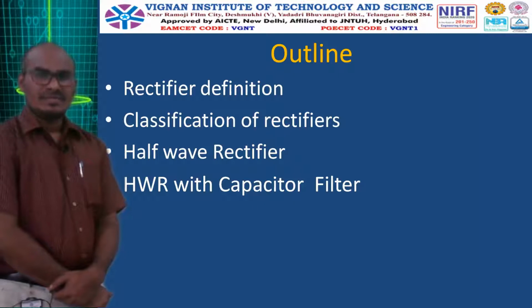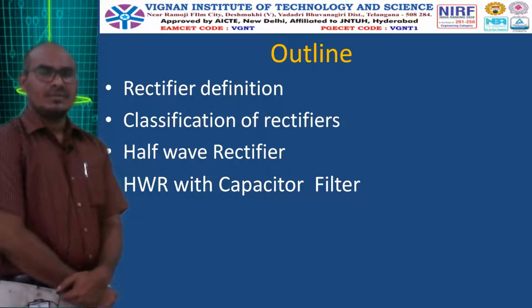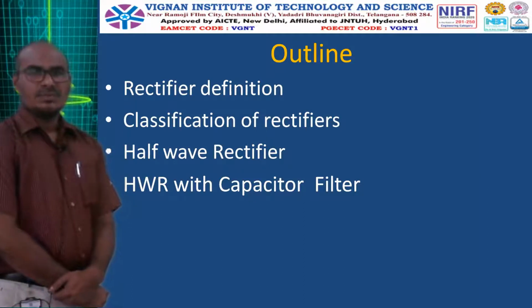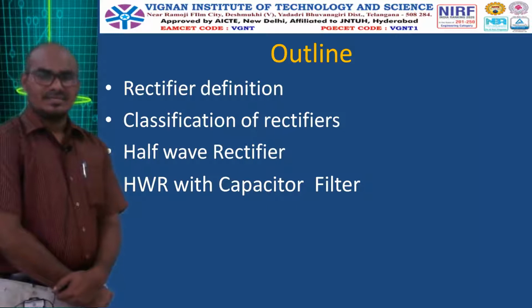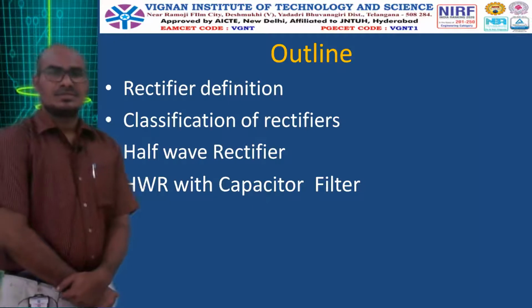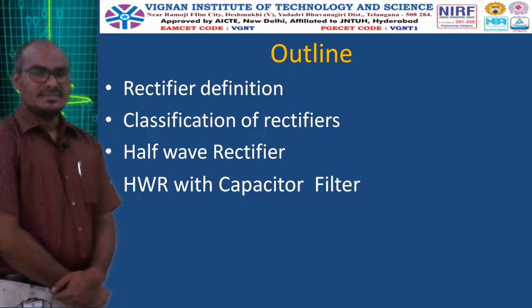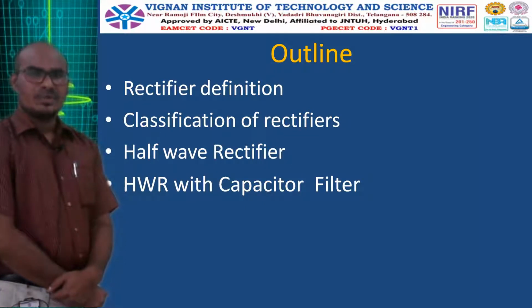Now, after this, we will introduce the major applications of the PN junction diode. Where do we apply this? What is the use of the PN junction diode to engineers? The answer is, one is switch, as we have already seen, and now we are going to see the rectifier operation.